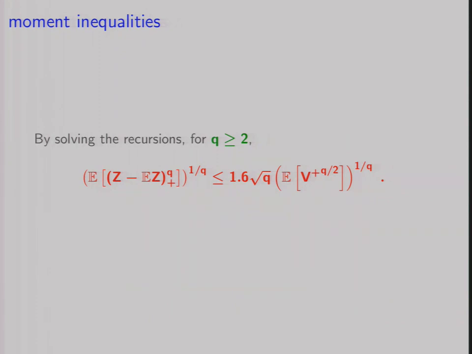If the qth moments raised to the power 1 over q grow like square root of q, that means sub-Gaussian. If the moments grow like q, much faster, then it's like sub-exponential tails. If the moments grow like q squared or something bigger, then you have even heavier tails. Okay? So how fast the moments grow gives us the tail behavior.